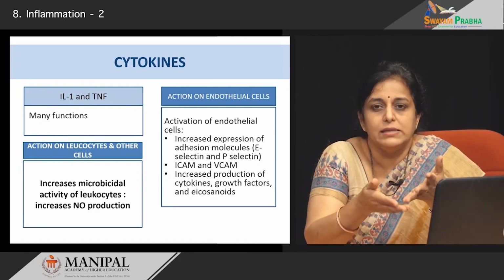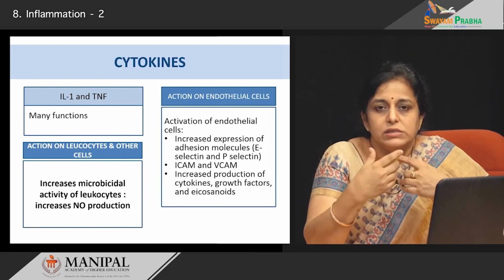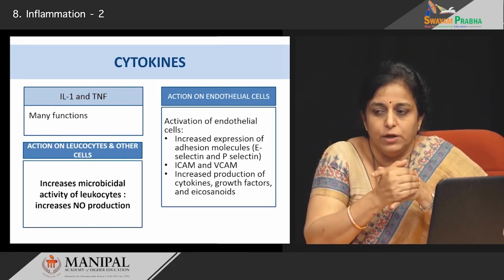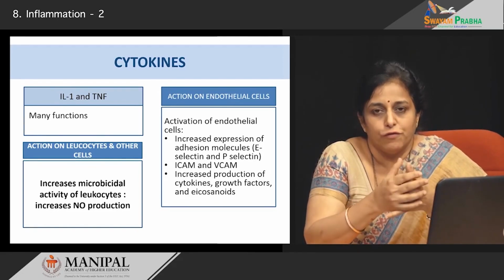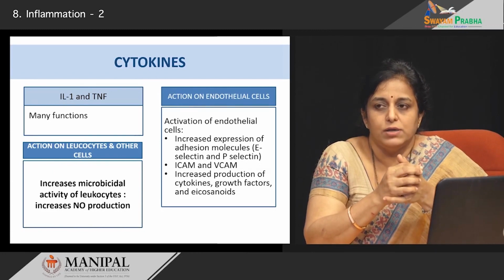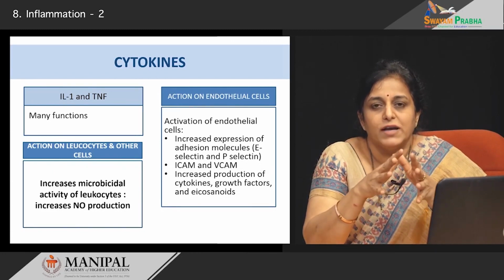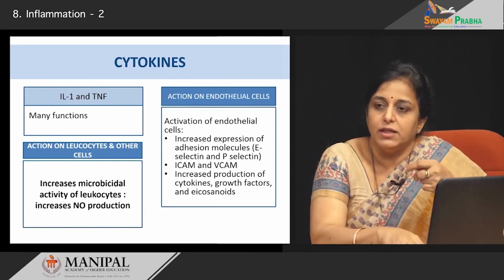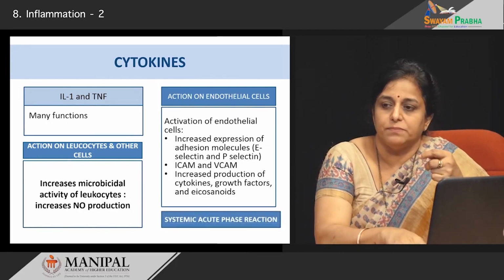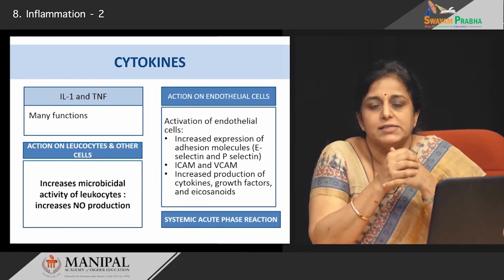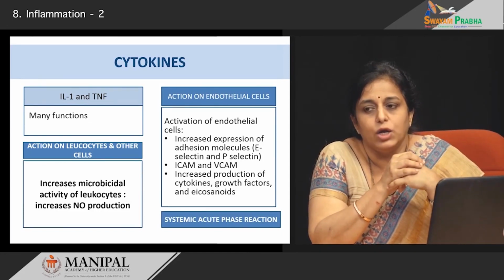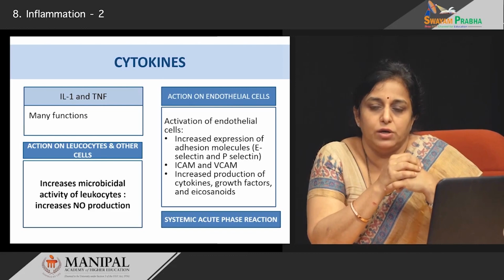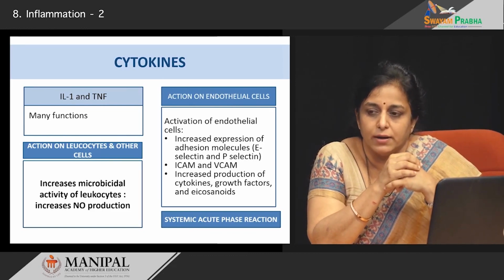We learned prostaglandins and leukotrienes. So, they cause increased production of these on the endothelial cells, expression of growth factors, etc. So, they have varied effects on various cells, thereby potentiating the effects in inflammation. In addition, it is responsible for what is called the acute phase reaction, which we are going to learn in the subsequent class.